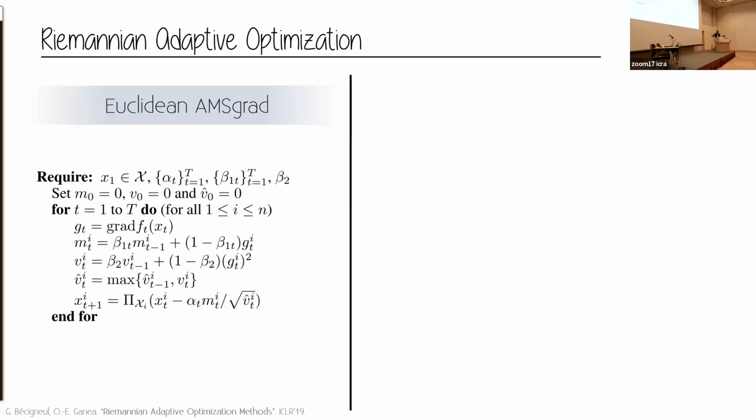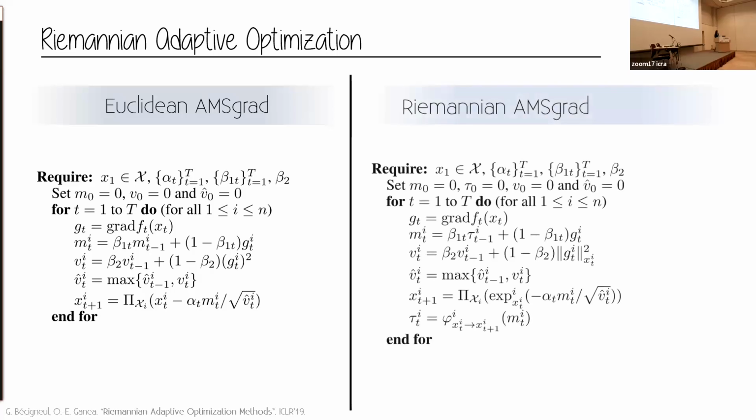So the next iterate is equal to the projection of the previous iterate scaled by the two momentum vectors that you have there. For the generalization to the Riemannian case, you use the Riemannian gradient instead of the Euclidean one. You use the exponential map instead of using the minus sign. And the momentum terms are computed using the parallel transport. So you have to parallel transport your previous momentum to the tangent space of the new iterate. So the principles are very much the same. Okay.